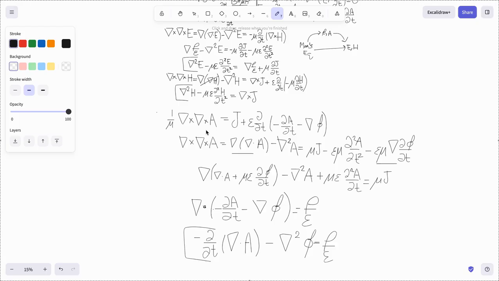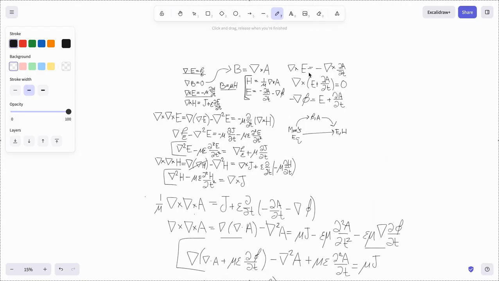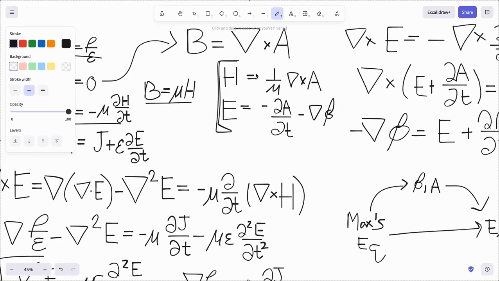Now, these equations might look like just more complicated, but that's where we're going to introduce something called the Lorenz gauge. You might have noticed that we're dealing with these second order partial differential equations for these auxiliary fields that we ourselves have defined. So we're going to define a gauge. A simplified way of thinking about this is, when we do second order ordinary differential equations, we need to define constants for the solution.